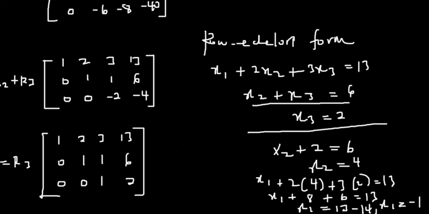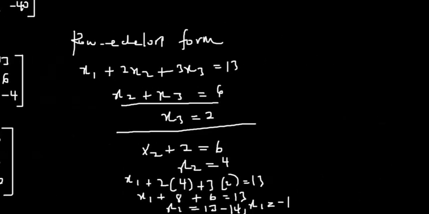So we have values for x1, x2 and x3: x1 equals minus 1, x2 equals 4, and x3 equals 2. This brings us to the end of this video.